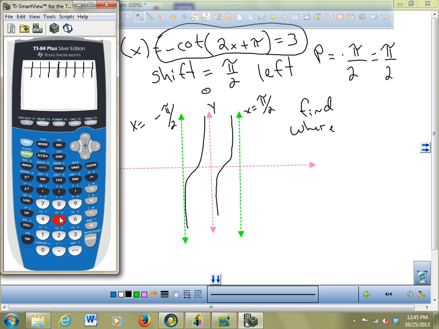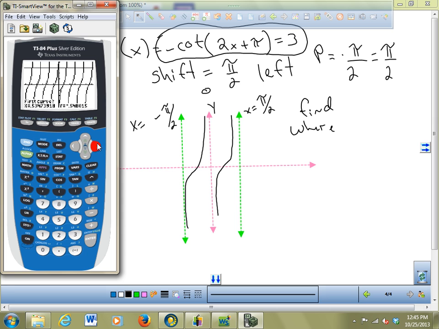That's 5. And it will say first curve, x equals 0. So say I want this one right here. So it'll say let's go to the next one.